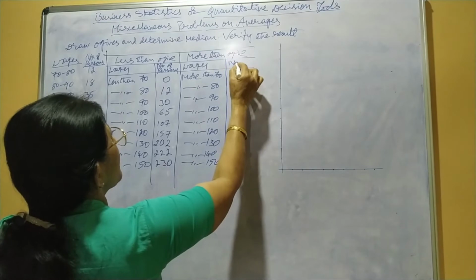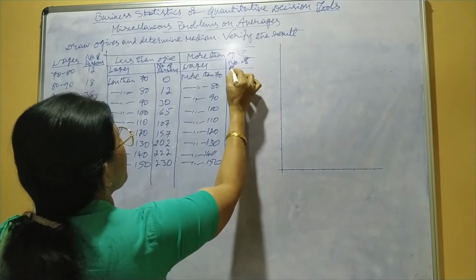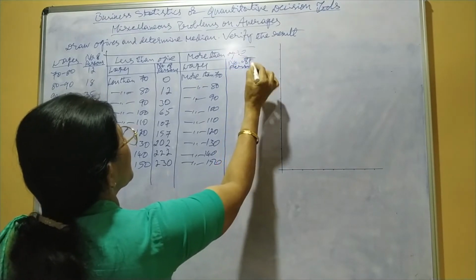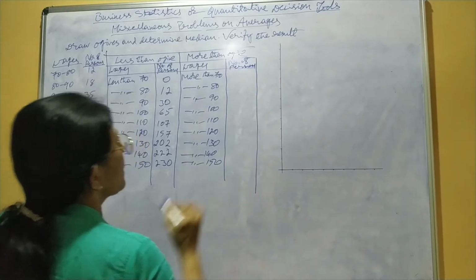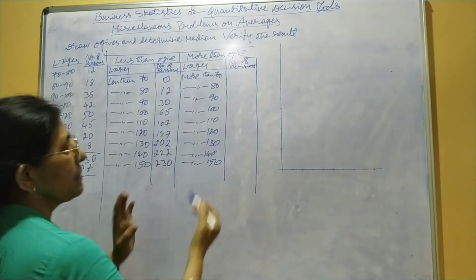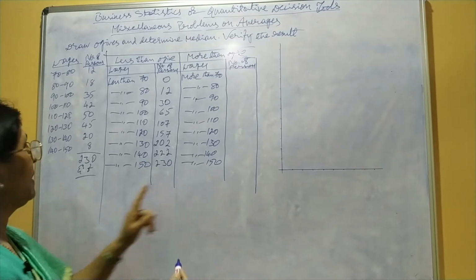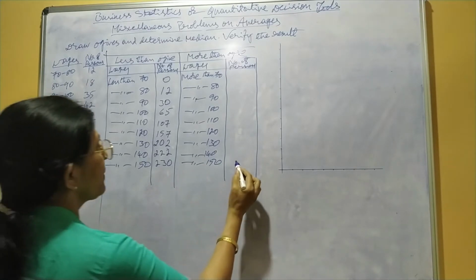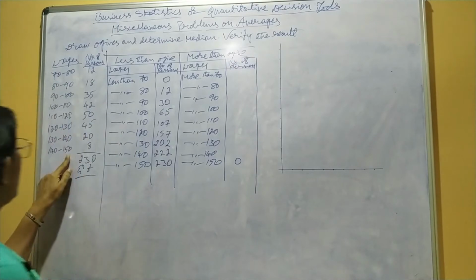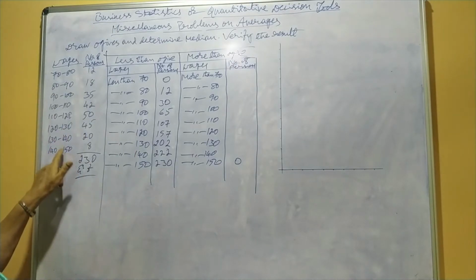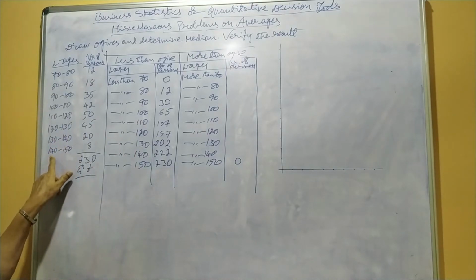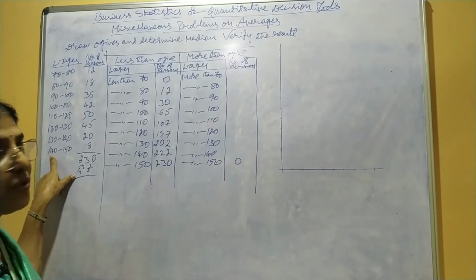Here take number of persons. Better you start from the last one, that is easy. More than 150, no persons are there. Then more than 150, 0.